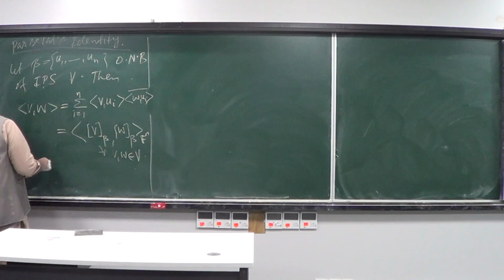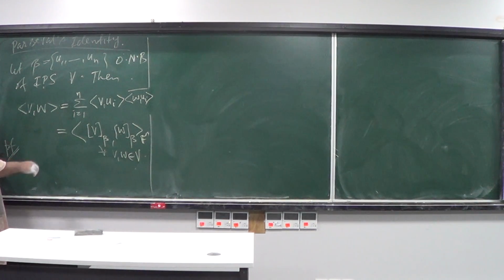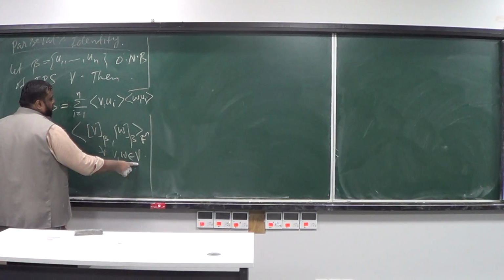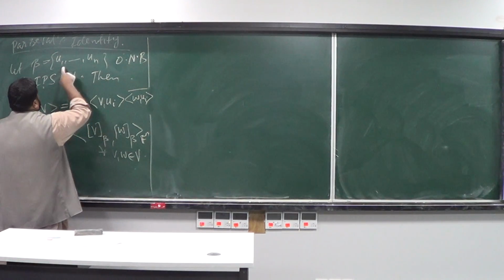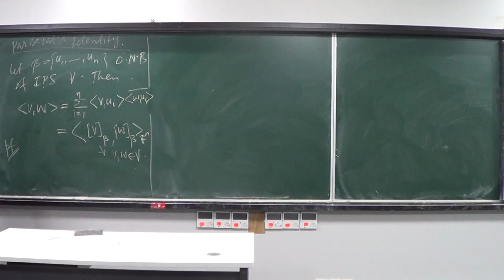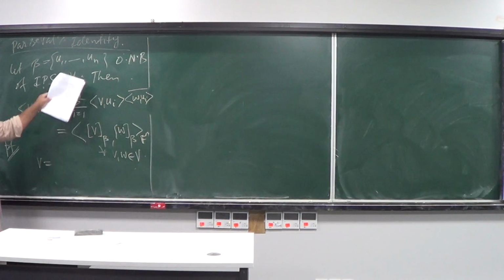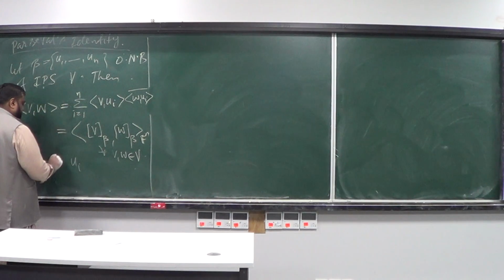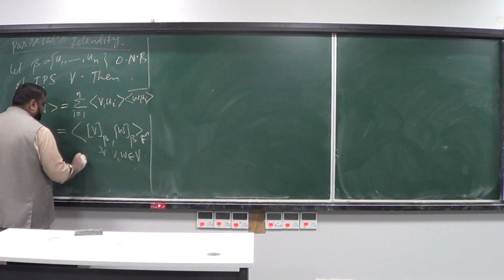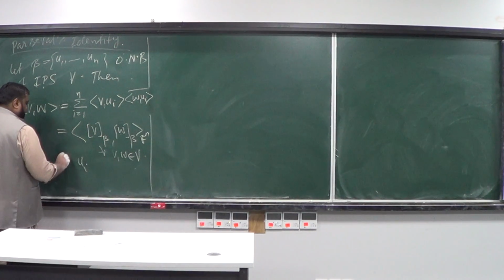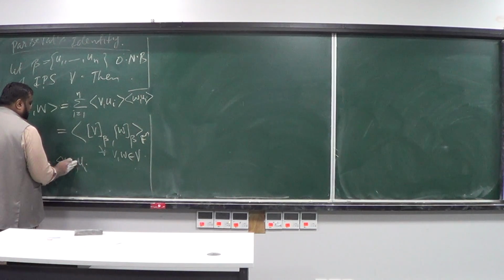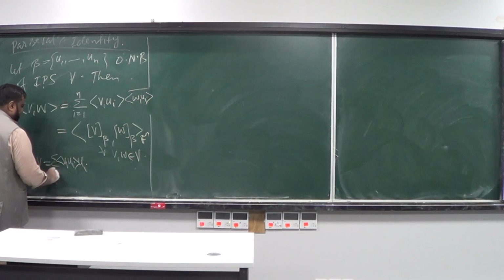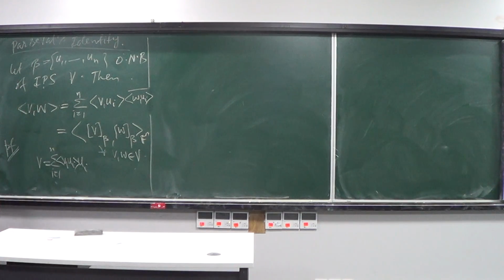Now, how are we going to start? Since v and w are two vectors in V, and the basis is orthonormal, we proved in the beginning of this lecture that it is really easy to express v in terms of the orthonormal basis. You take ui, and the coefficient of this ui is going to be the inner product of v with ui, and take the sum from i equal to 1 to n. This is what we proved in the beginning.